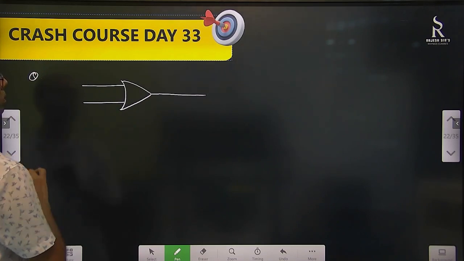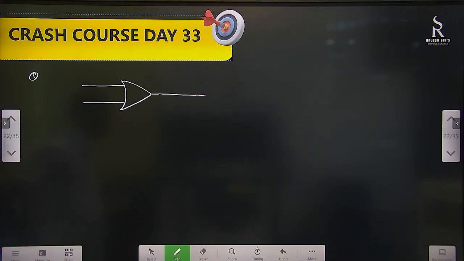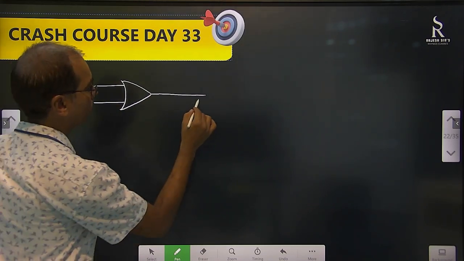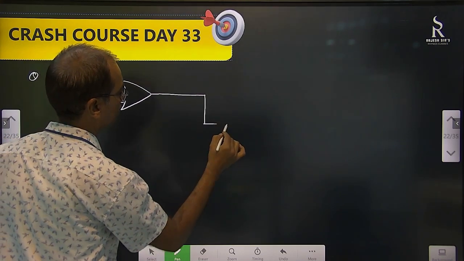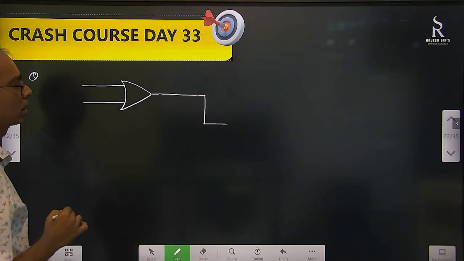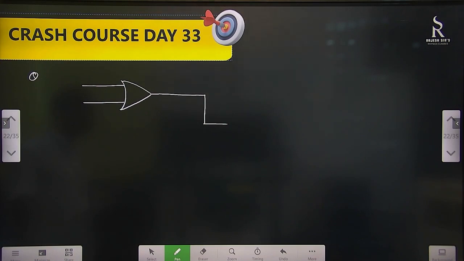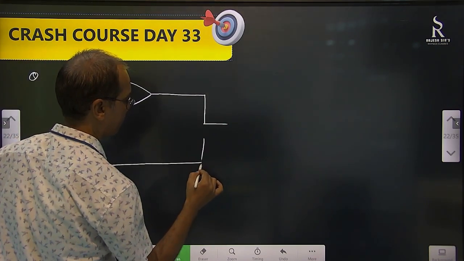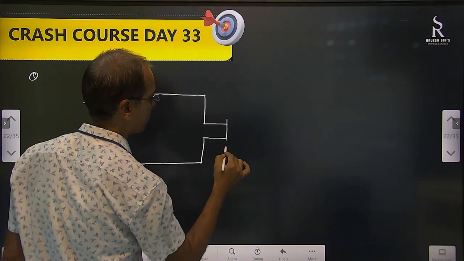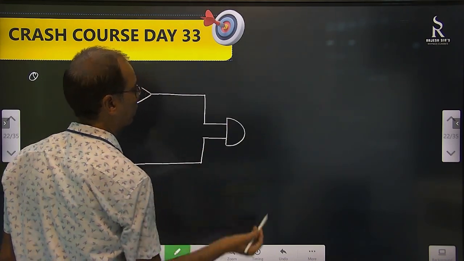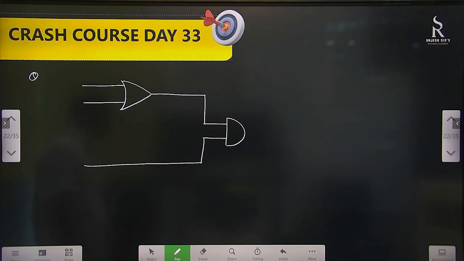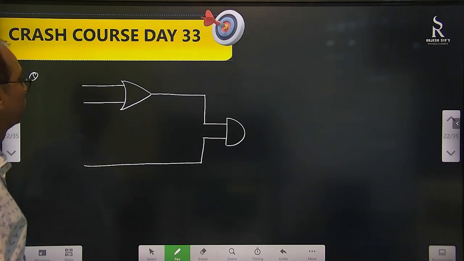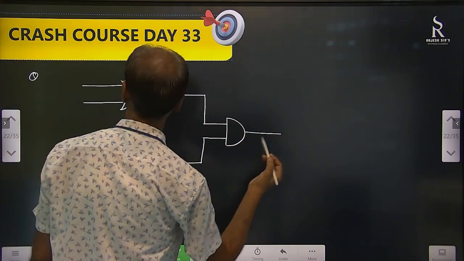This is the OR gate, and this is AND. Now we have 3 inputs here.